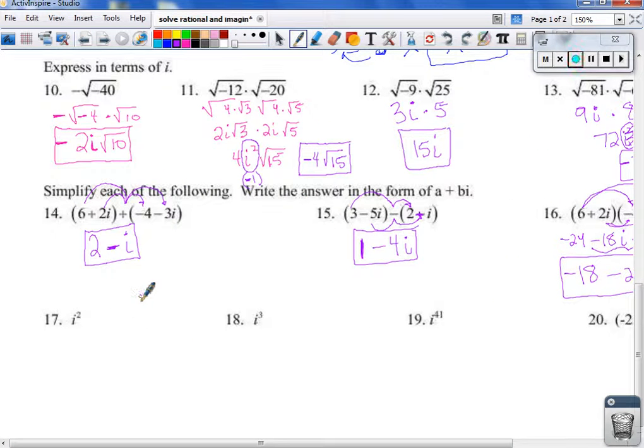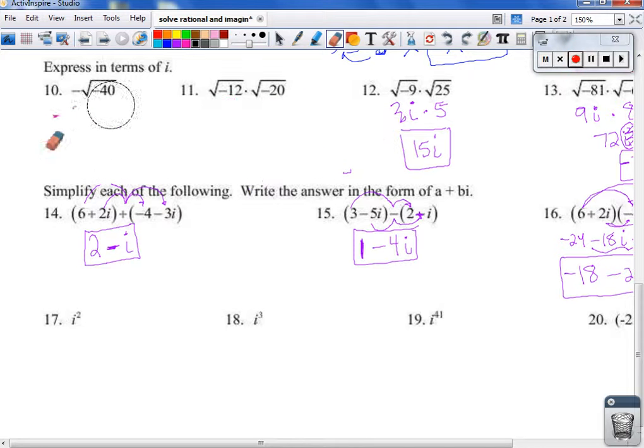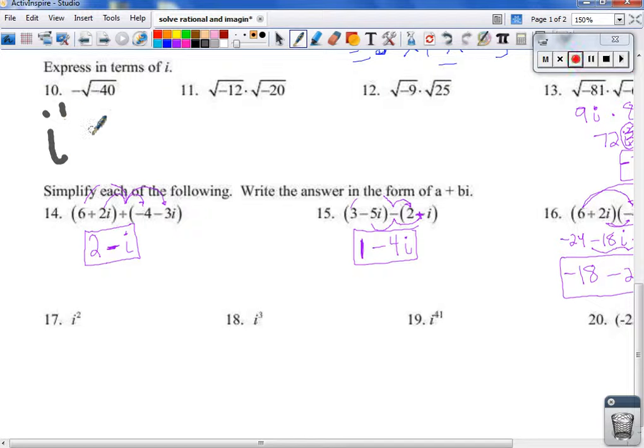And now our i stuff. So here's our i cycle. I'm going to do this in large up here because you need to know your i cycle. So I'm going to erase all this stuff just to give myself some room. Our i cycle. Like a bicycle. No, just kidding. I cycle. So i to the first power is just, of course, i. i to the second power is negative 1. i to the third power is negative i.